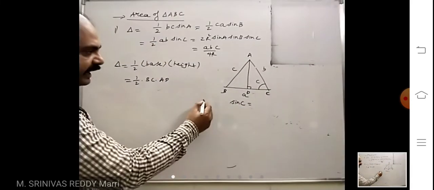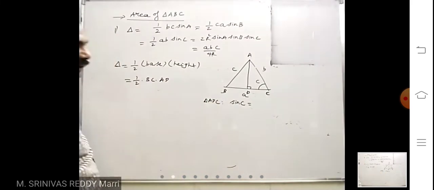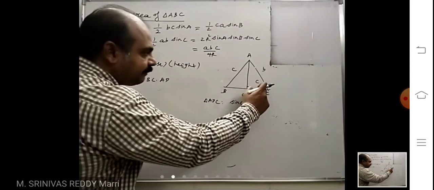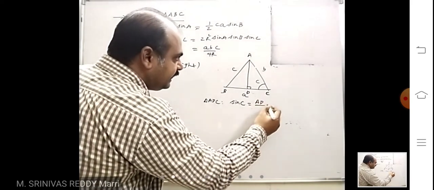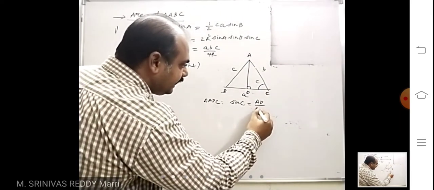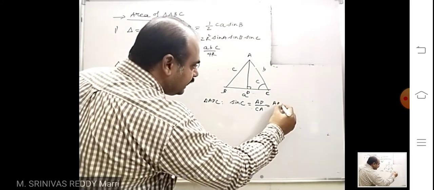Sin C from triangle ADC. From triangle ADC, sin C is the opposite side AD divided by the hypotenuse CA. So AD is what I want to calculate.